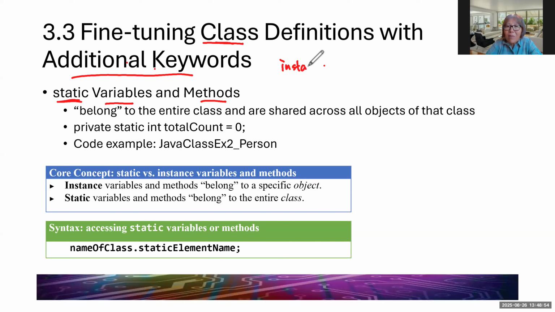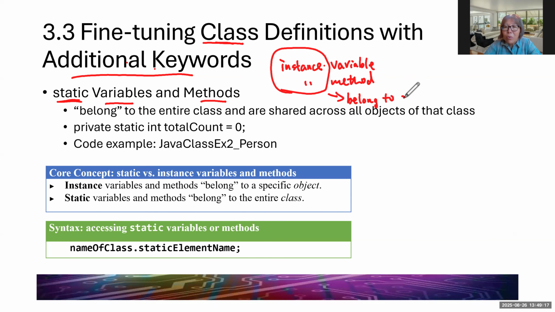Previously, when we discussed variables, we said instance variable and instance method. So clearly, before both of these two words, we have that word instance. That means they belong to an instance of a class, they belong to an object.